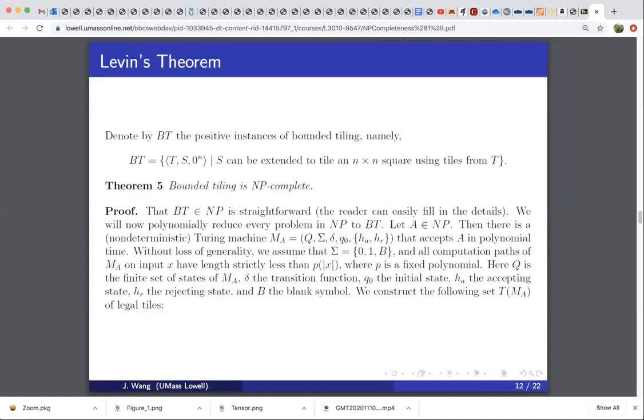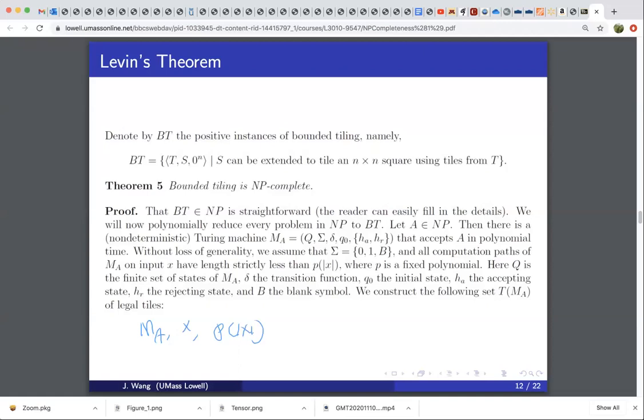We can say that time is P. So we have this MA, and on input X, it halts in P of length of X steps.